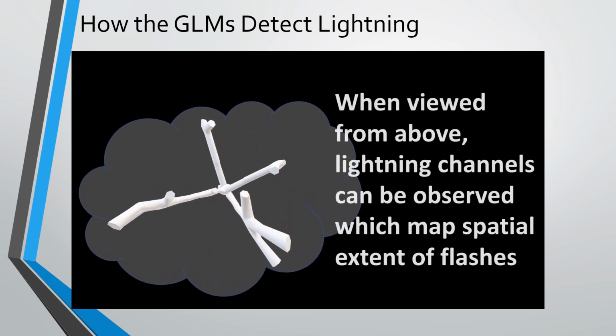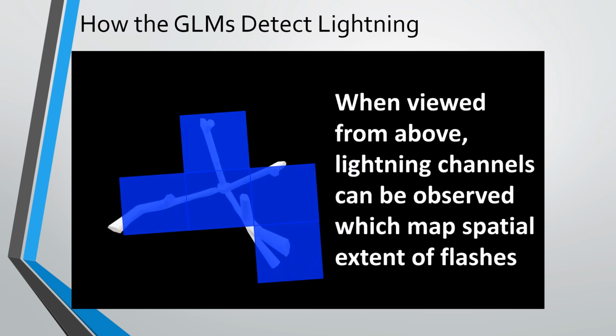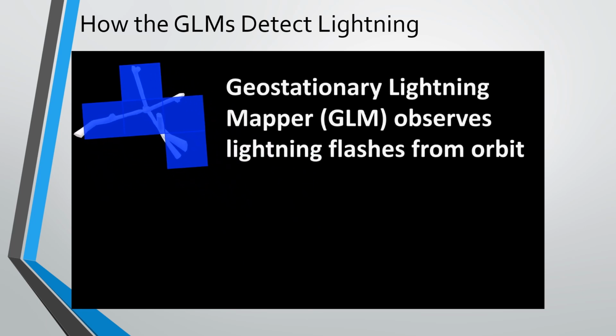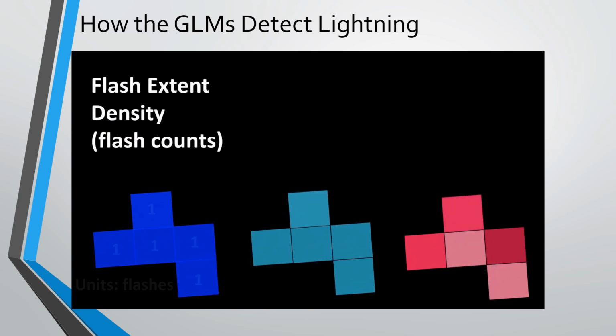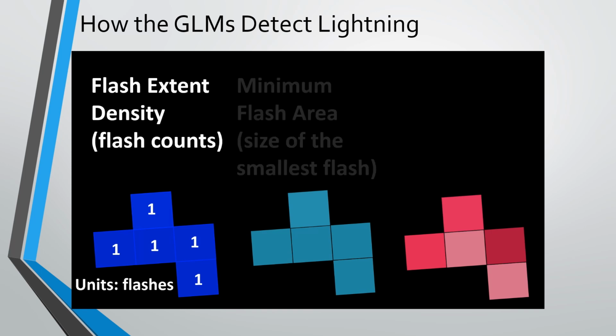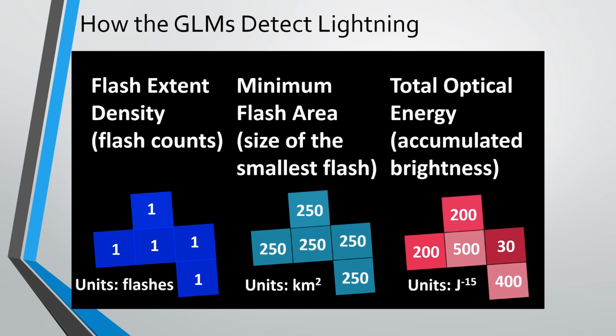Lightning branches are complex and can be in many different shapes, but when viewed from above, these lightning channels can be mapped by their spatial extent of the flashes. The GLM observes those flashes from geostationary orbit, and they can classify the lightning by using 3 different gridded products. Those are flash extent density, which shows the flash counts, minimum flash area, which shows the size of the smallest flash, and total optical energy, which shows the accumulated brightness from all the flashes.